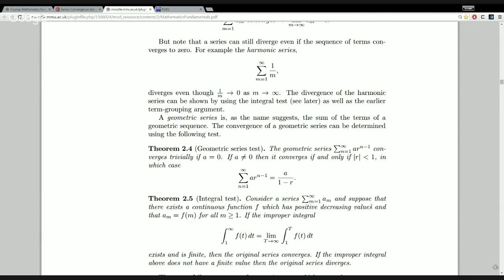Okay, let's look at a couple of examples. Let's look at two.